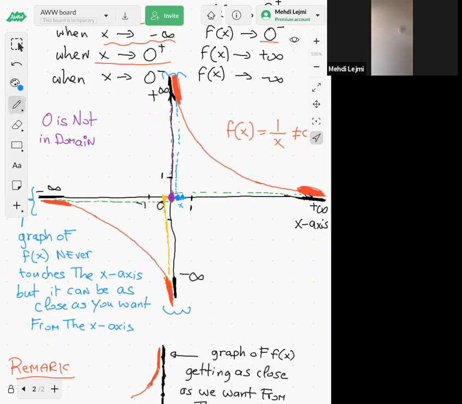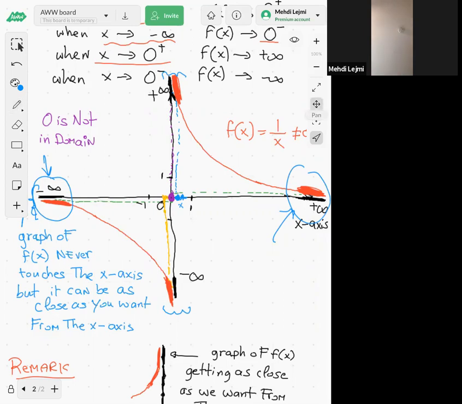Okay. Now you can guess we're going to have also horizontal asymptotes. You can see here, my x-axis is going to be a horizontal asymptote because the graph gets as close as I want to my x-axis, here and here, but it never touches the x-axis. So in that case, we have a horizontal asymptote.